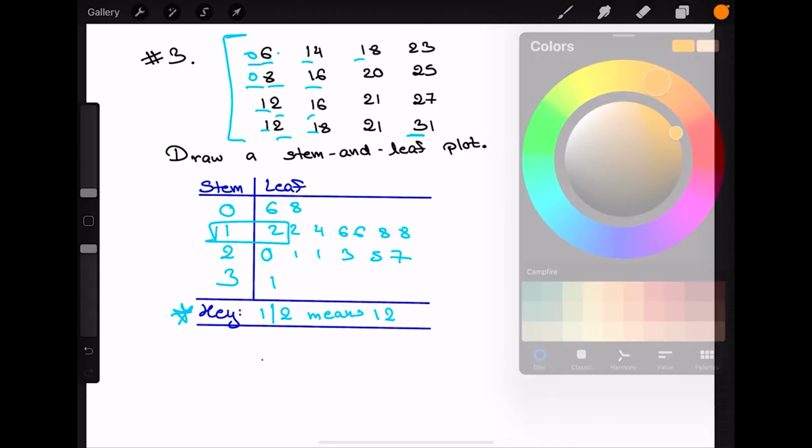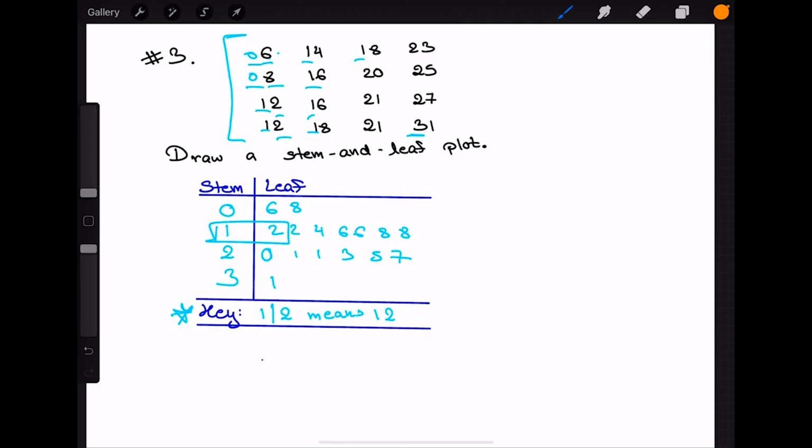They may ask you, for example, to write intervals, and that just means you have to, in a way, simplify this or just separate the stem and leaf plot into a longer plot. So for example, instead of having 0, 1, 2, 3, you'll have 0, 1, 1, 2, 2, 3.